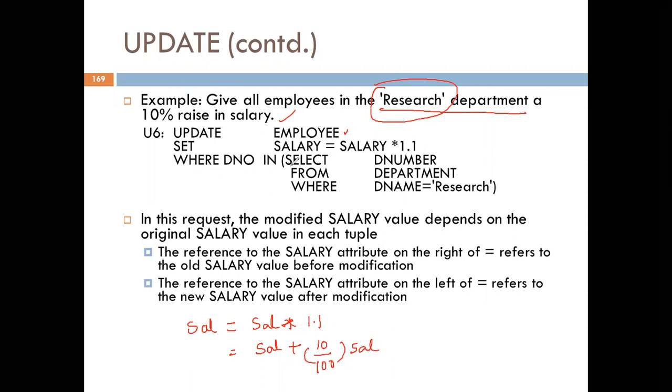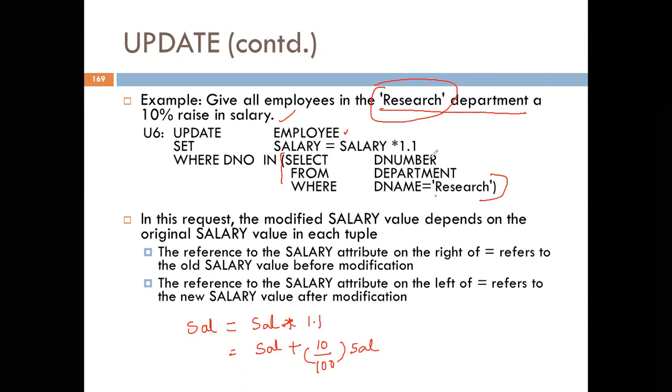So from this department name, we must extract its department number, where department number in, select department number from department table where department name is research. This inner query is used to extract the department number of research department. This department number will be utilized in the outer query and all the employee salaries will be increased by 10%.